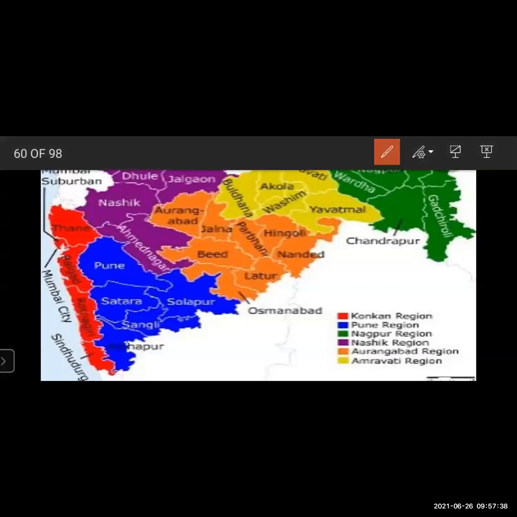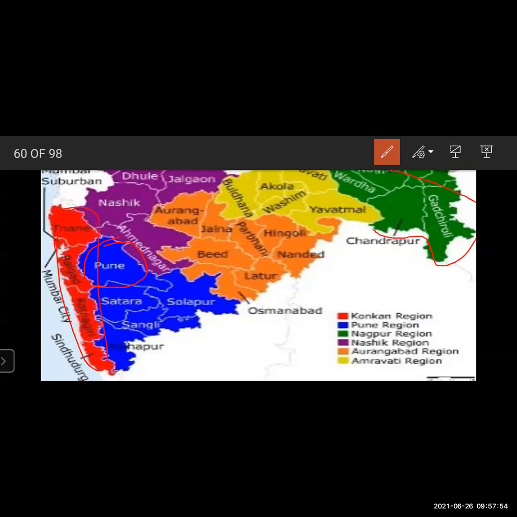Now see here, this is a map of Maharashtra. You can see areas are divided according to the region. The area marked as red is the Konkan region. Then navy blue is the Pune region. Then green is marked as the Nagpur region.